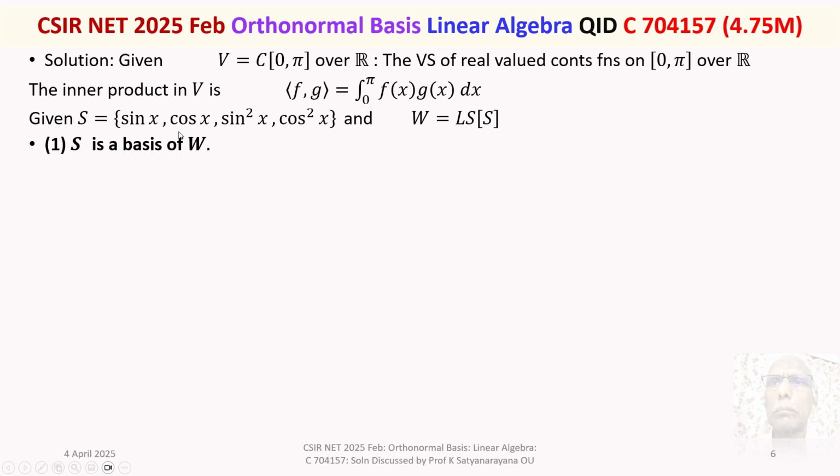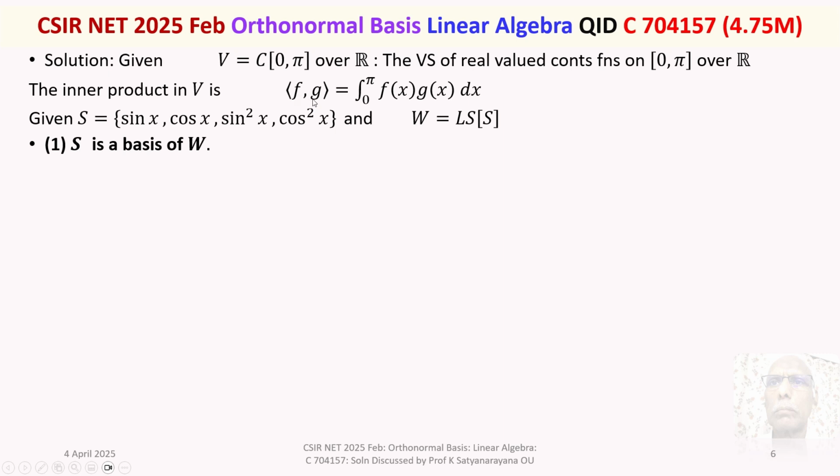So, we have V, that is C[0, pi] over R, continuous real valued functions, is a vector space over R. And the inner product is defined like this.